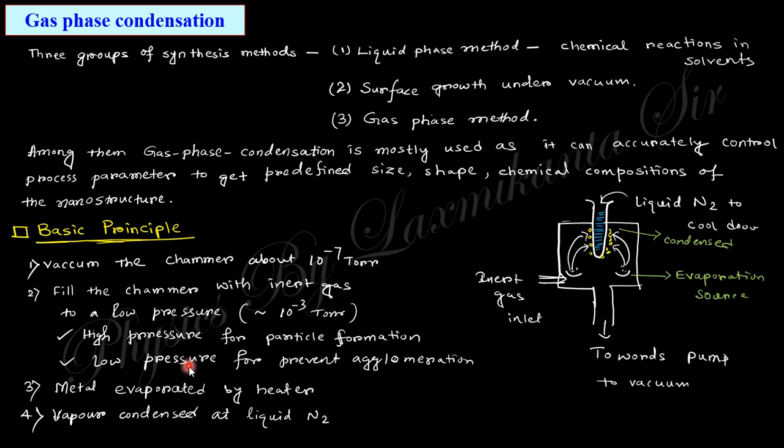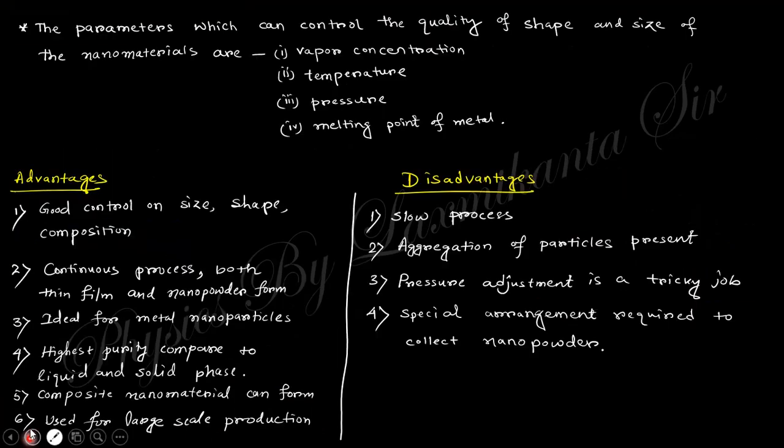Actually, you need to optimize the pressure, because at high pressure particle formation occurs and low pressure prevents the agglomeration. So this optimized pressure is required to get the thin film. Okay, and the metal is evaporated by a heater and the vapor is condensed on the liquid nitrogen, which we just discussed.